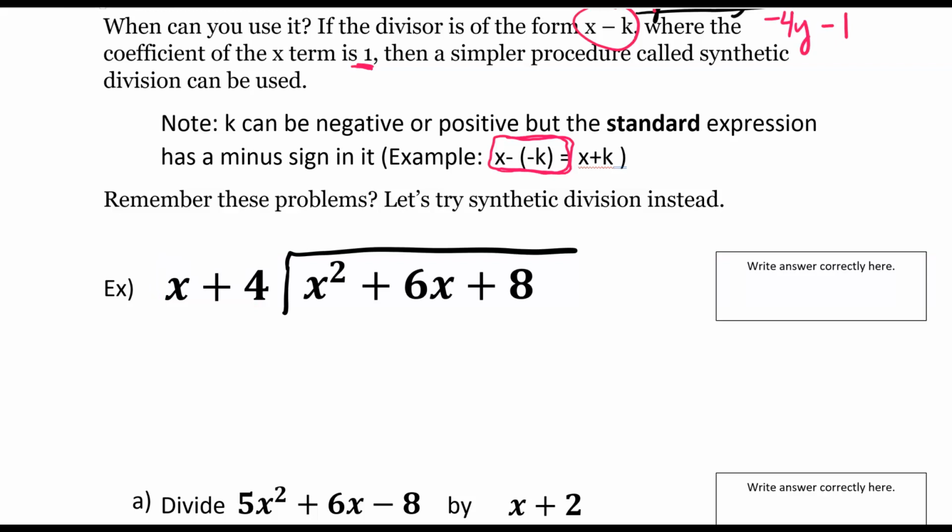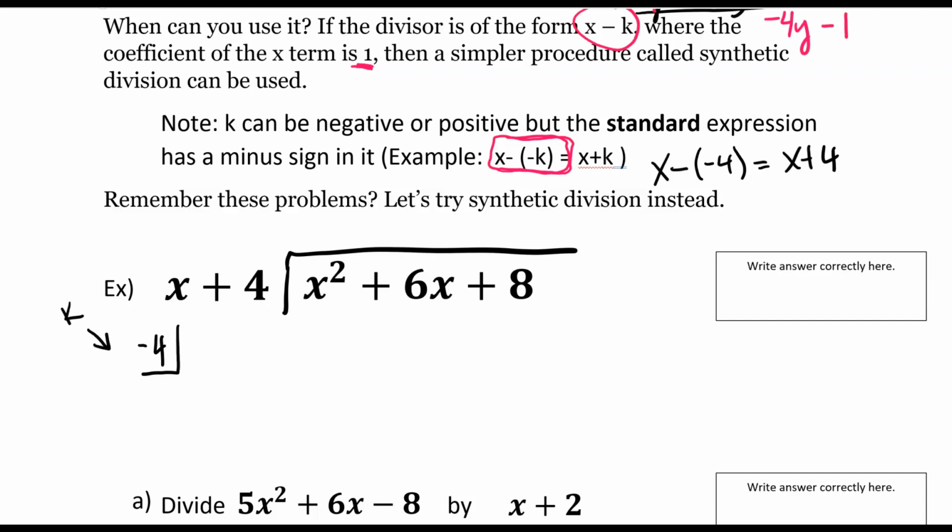That's usually the easiest way to figure out what k is, because the template is x minus a negative k. So our k must be a negative 4 for that to work. For example, x minus a negative 4 will give us our current divisor. So we're going to write our k in this little box here, like so.